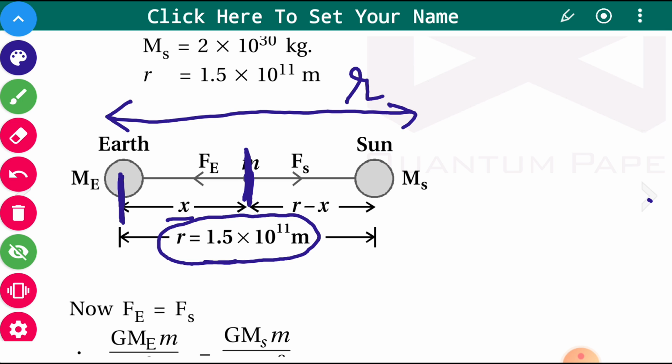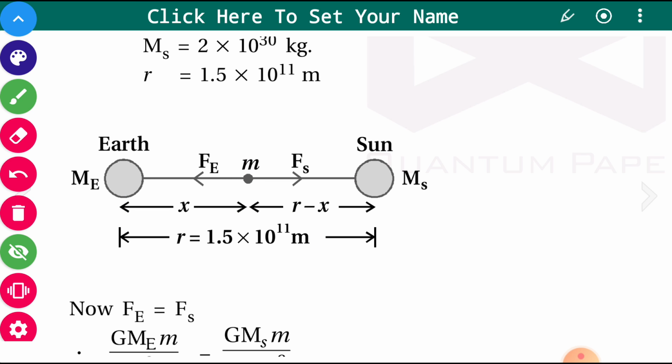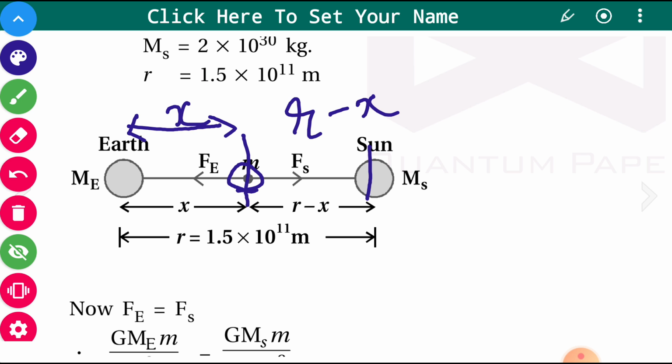So this distance where the force becomes 0 from the sun will be r minus x, because this distance we have considered as x. Mass of the rocket is m, mass of the earth is Me, Ms is the mass of the sun.